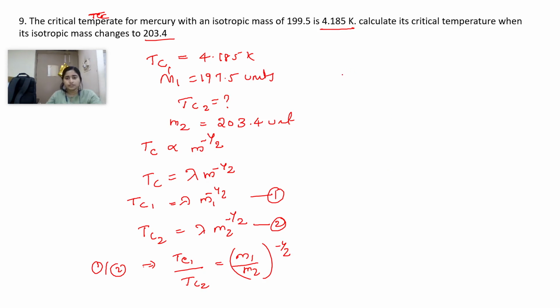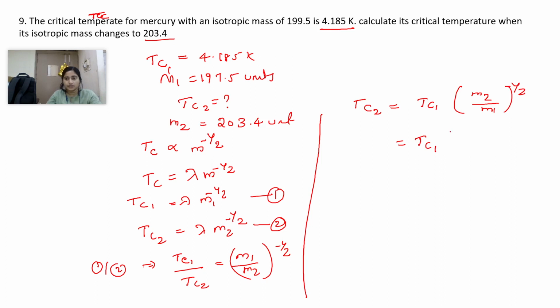From this you can calculate Tc2 is equal to Tc1 times m1 divided by m2 whole to the power half.